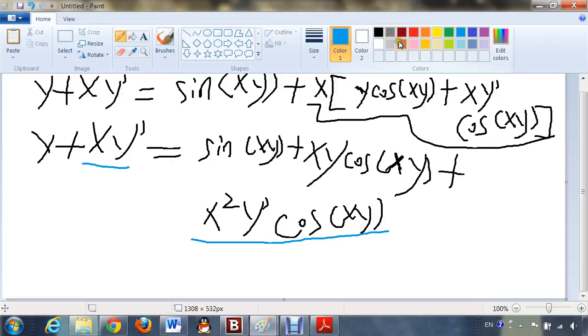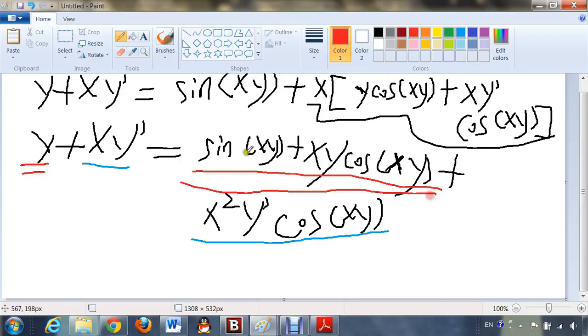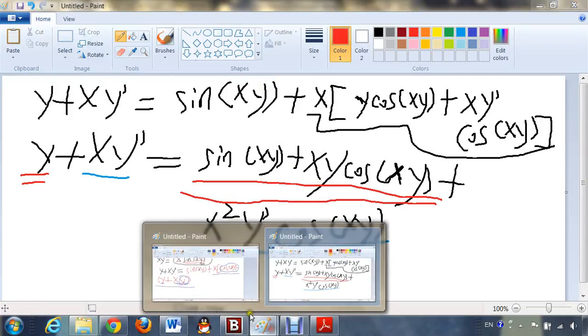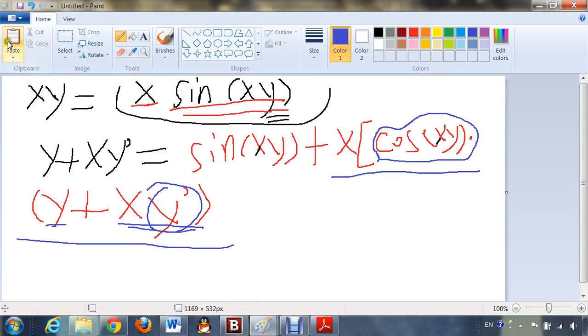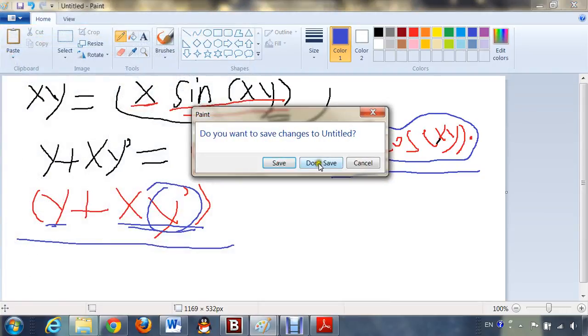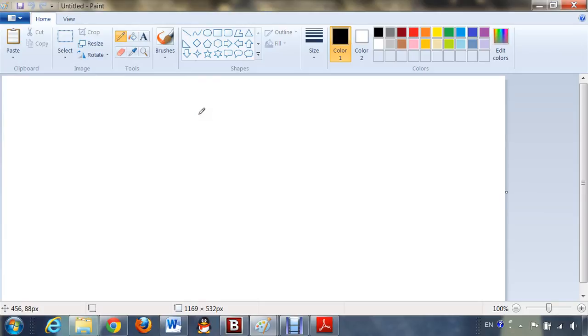Everything else, I'm using the red to underline, doesn't have y prime, so we'll group them together on one side, and then group the y prime terms together on the other side. Sorry about keep changing the page, because the laptop has a really small screen.